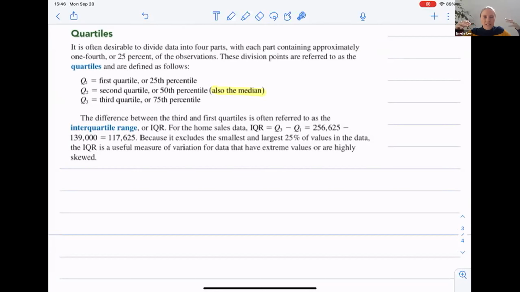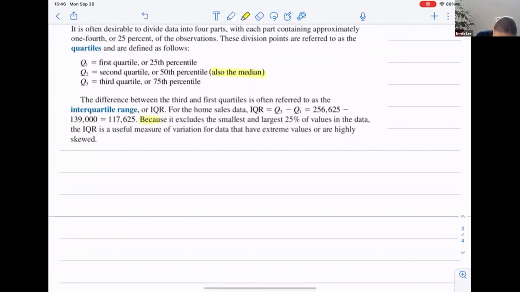It basically lops off the extreme values on either end. If your data is really skewed, a more reliable measure of spread is the interquartile range.